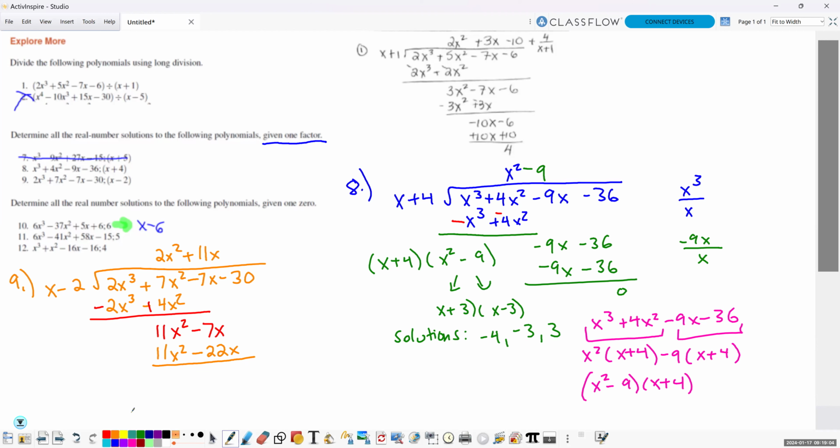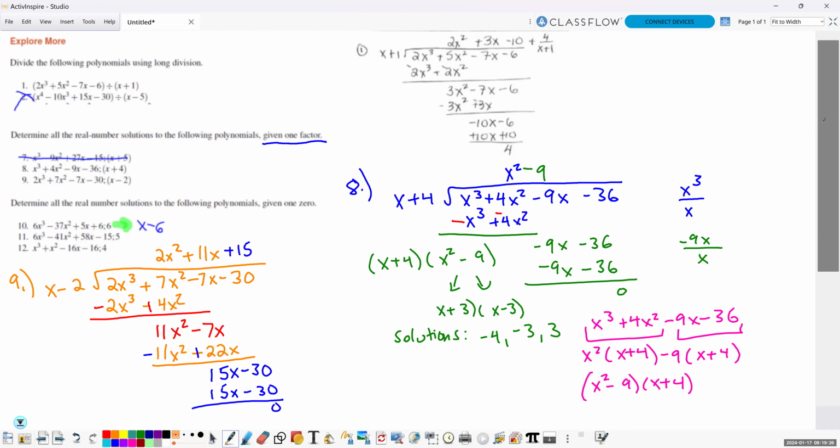Subtract and bring down. I'll use blue. So that's going to be 15x, and bring down the minus 30. 15x divided by x is 15. Multiply back. And that works out great.